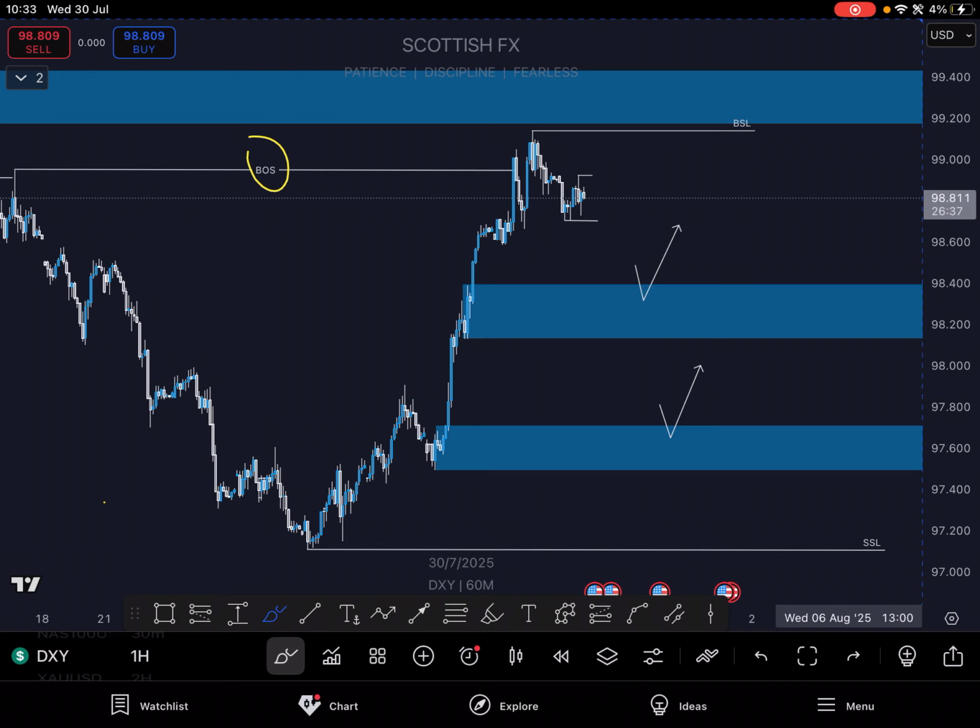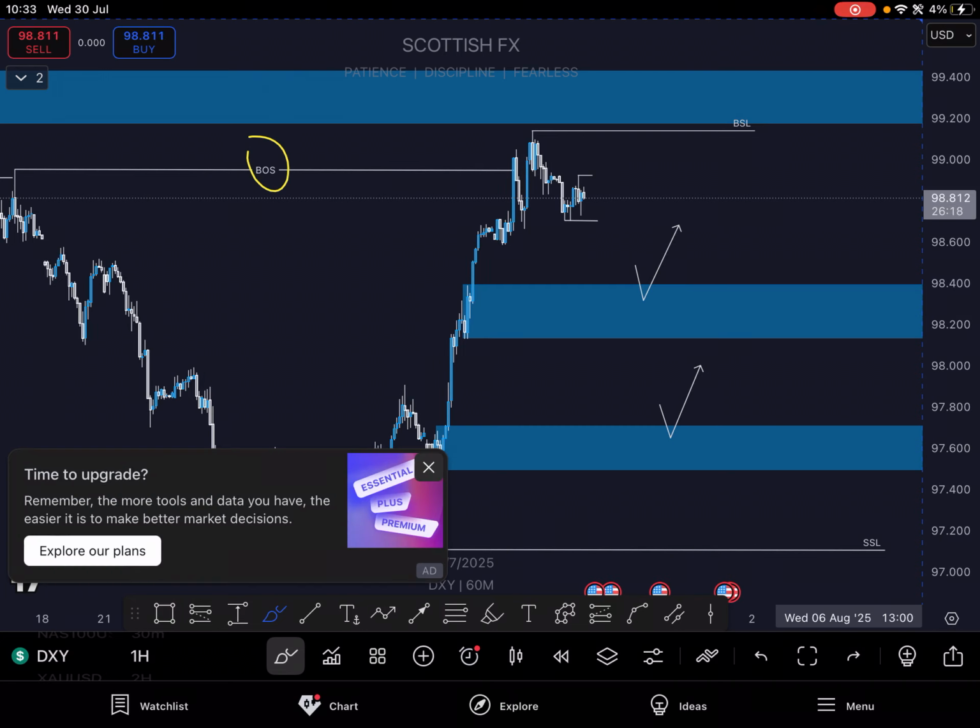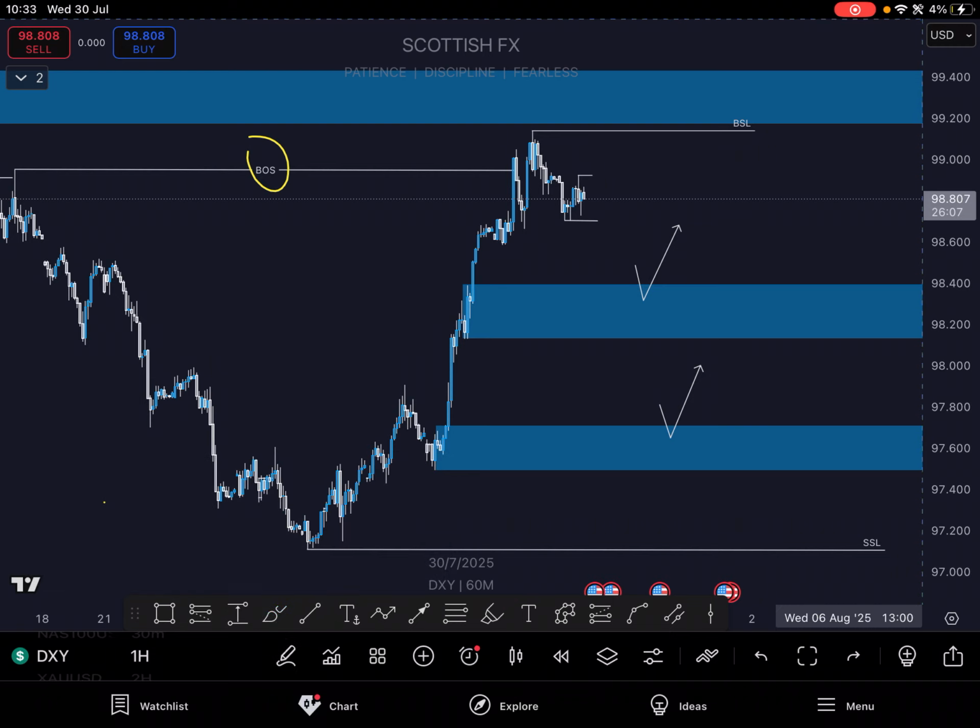If the US dollar has value, you always look to buy the US dollar. If the US dollar has weakness, you always look to sell the US dollar. For example, if the US dollar has value, I'm looking to sell GBPUSD and EURUSD. If the US dollar has weakness, I'm looking to buy GBPUSD and EURUSD, something like that. Okay, so let's continue with our outlook.